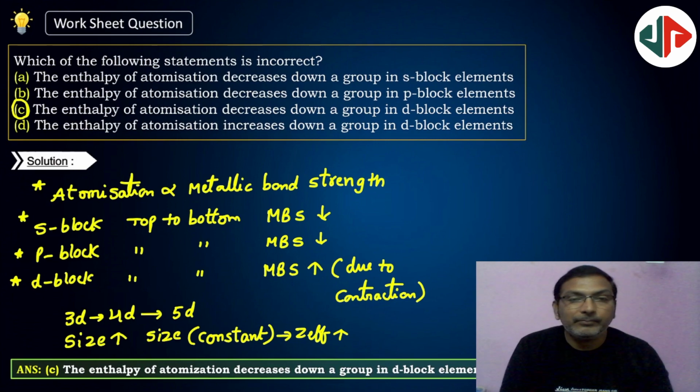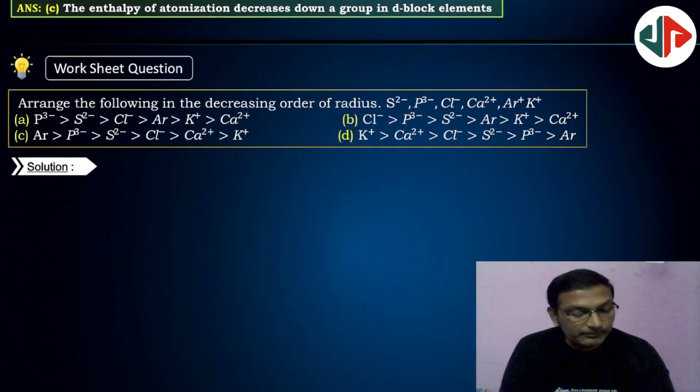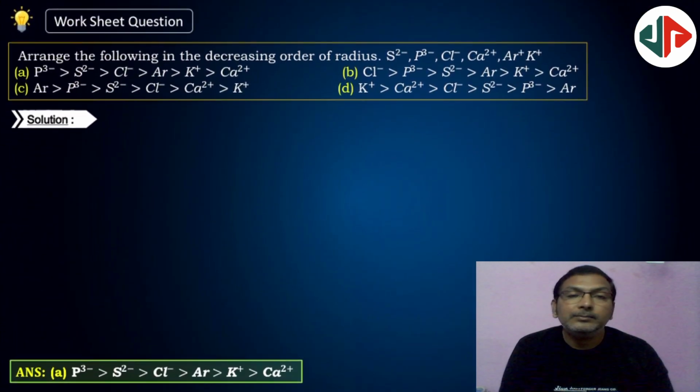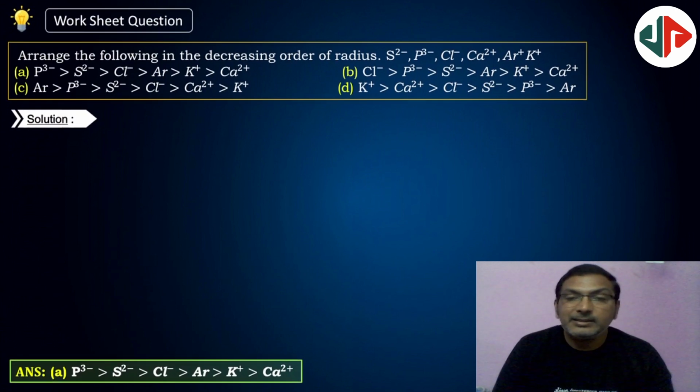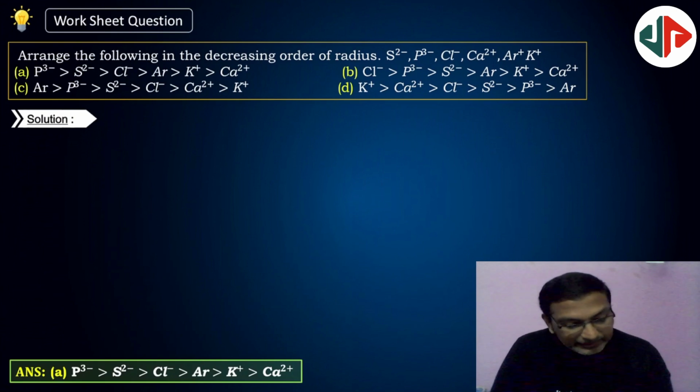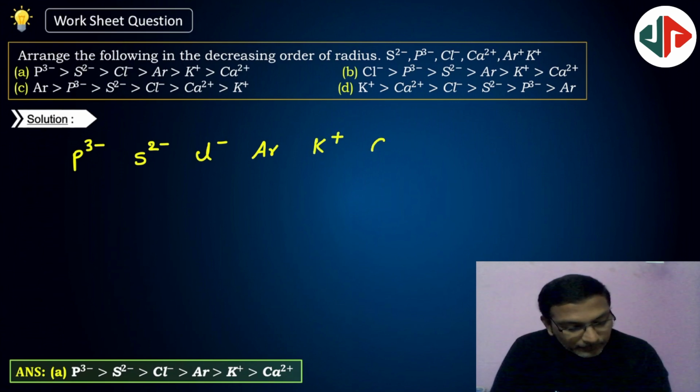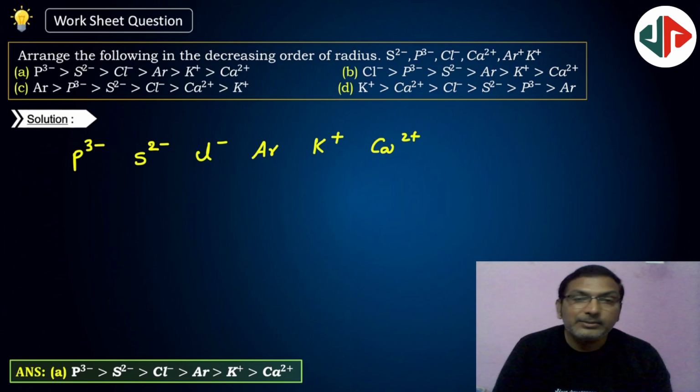Next question. This is also common question for atomic structure and periodic table. Here we have to arrange given species in decreasing order of radius. Here first write more negative value P3 minus, after that S2 minus, next Cl minus, neutral, unipositive and dipositive.